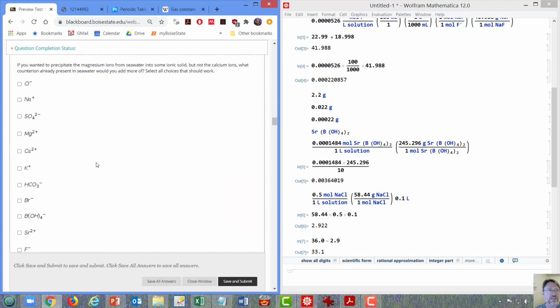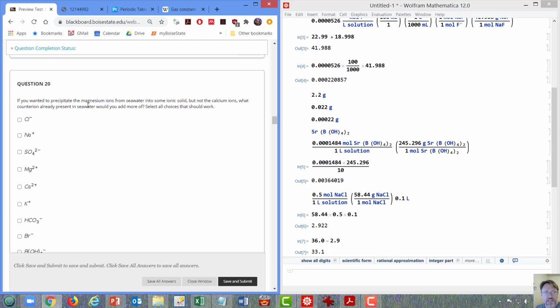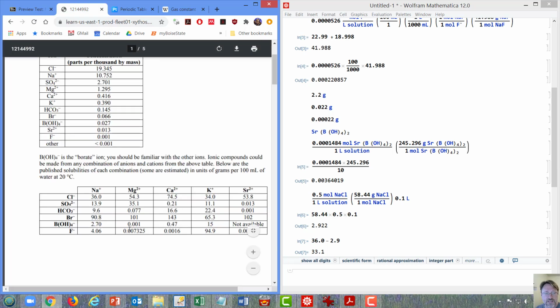If you wanted to precipitate the magnesium ions from seawater into some ionic solid, but not the calcium ions, what counter ion already present in seawater would you add more of? Select all the choices that should work. So we want to precipitate magnesium, but we don't want to precipitate calcium. So we want some counter ion where the magnesium solubility is really low, but the calcium solubility is really high.